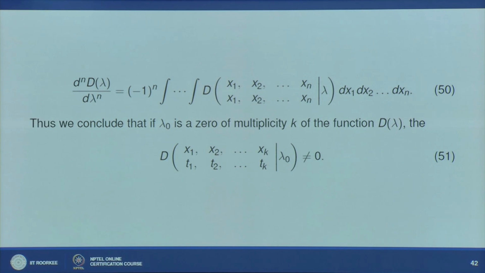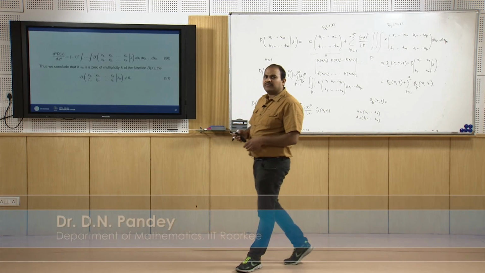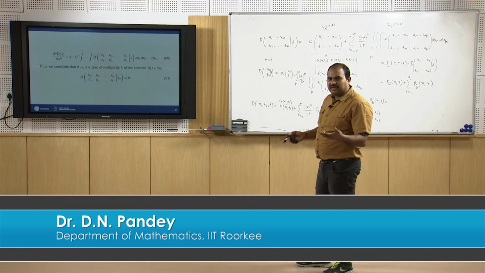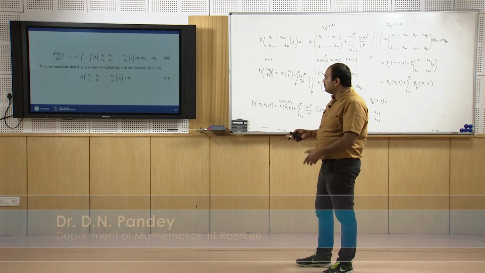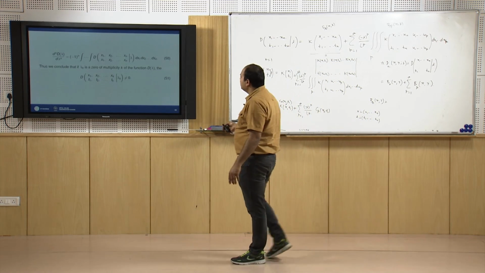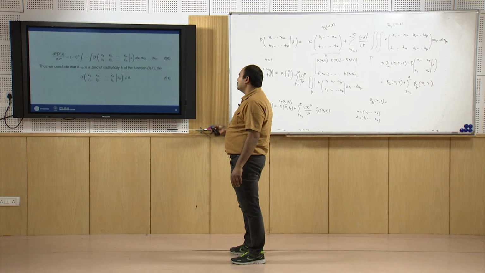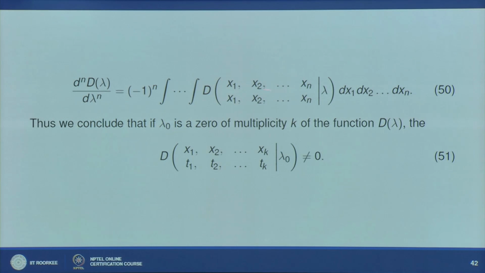So it means that we do have a similar kind of relation as we have seen, that D dash lambda equals minus the integral of D x comma x lambda. Similarly, this equation number 55 shows that when n is more than 1, we also have a similar kind of relation.